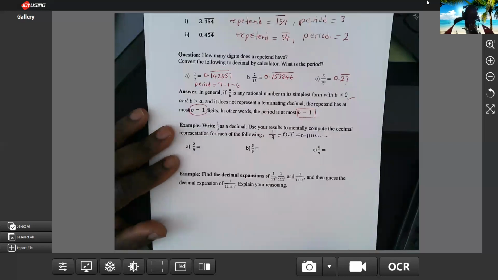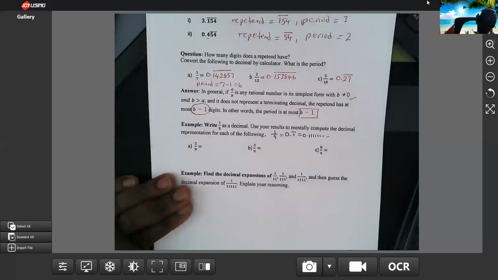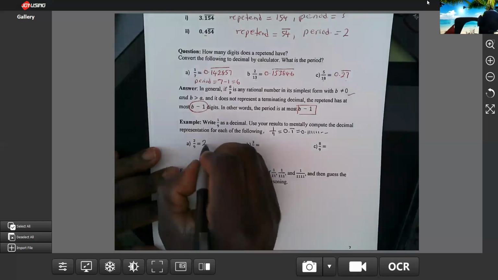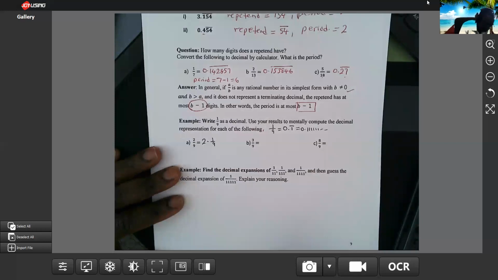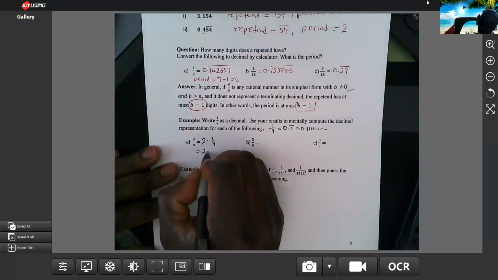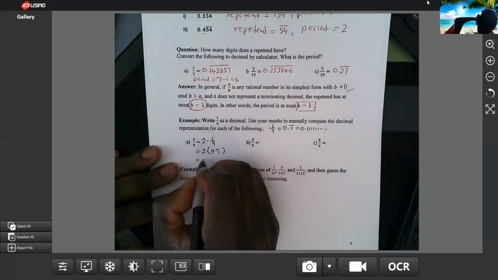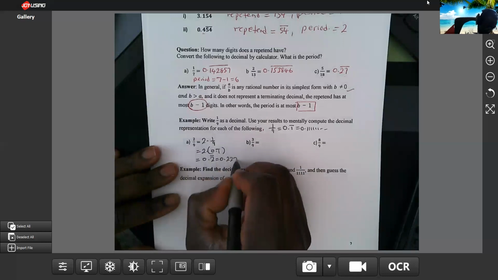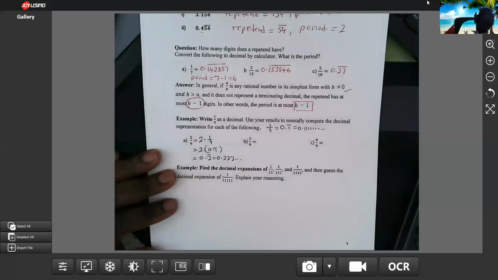If you have 2/9, it said to use mental computation. How do you write it? I know 2/9 is the same as 2 times 1/9. You see where I'm going with this one? So this is 2 times 0.11111, which is 0.2222, keeps going like that. Similarly, 3/9, we can write as 1/3, but we want to use this result to write a repeating decimal.